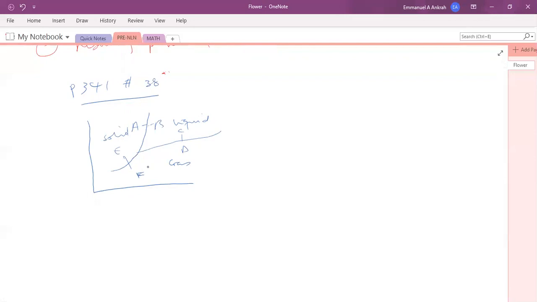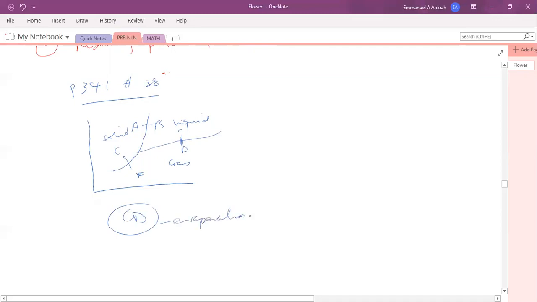Evaporation of a liquid. So which one do you say? CD, yeah, CD. Because this is a liquid and gas. Evaporation is changing from liquid to gas, right? So CD, correct. Okay, so that's how you use the phase diagram. Okay, good.